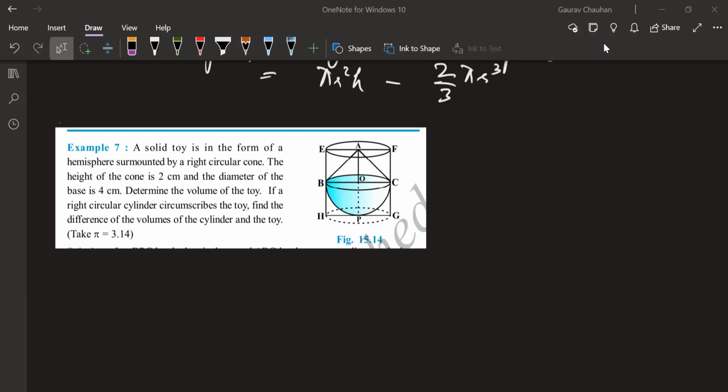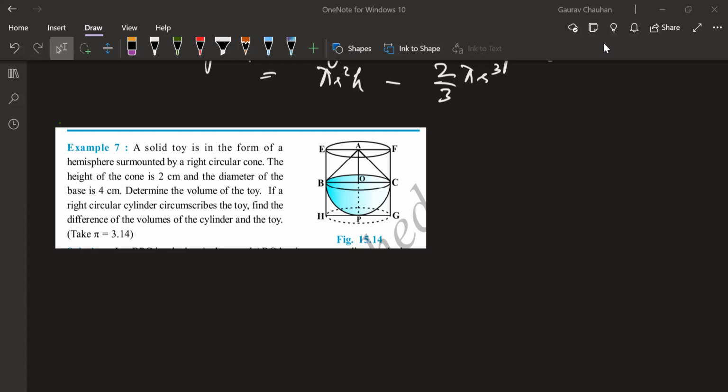There is a full stop here. So my toy is a hemisphere surmounted by a right circular cone. So this blue part plus the cone.